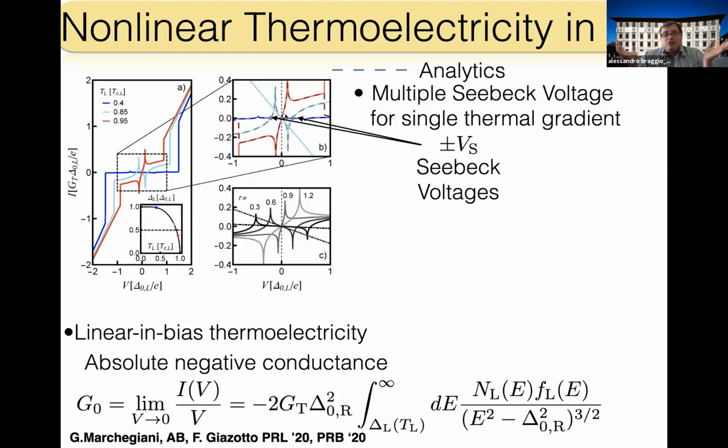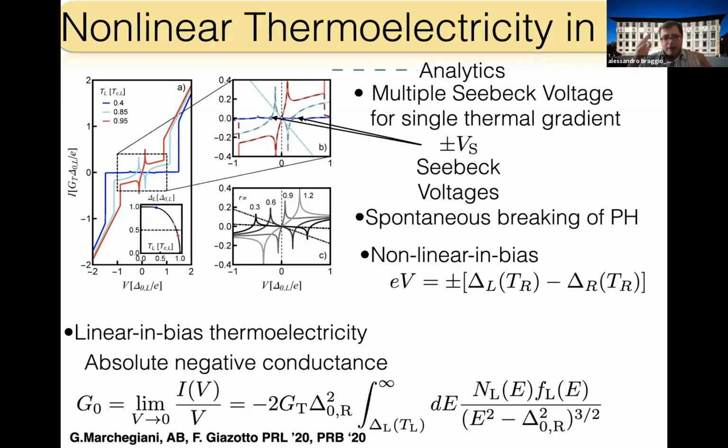It chooses by itself, by breaking the particle symmetry, and you can get the P character or the N character, and you have exactly opposite, symmetric Seebeck voltages with the same gradient. So you do not need to change the gradient. You just keep the same gradient, and you can get two different solutions, one positive and the other negative. This is really a strong signature of a spontaneous breaking of the particle symmetry. And you can also evaluate the power in the linear bias and so on.